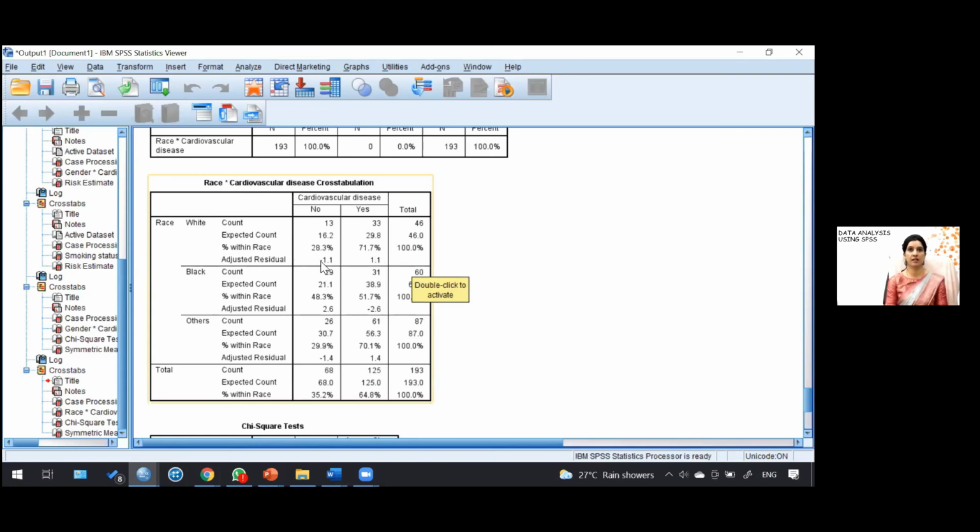What is the value of adjusted residual here? 1.1. Here it is plus and minus. The plus and minus sign tells you whether expected is more or observed is more. Here the expected is more, and here the observed is more. That's why there is a difference of sign only. Otherwise, the values are the same.